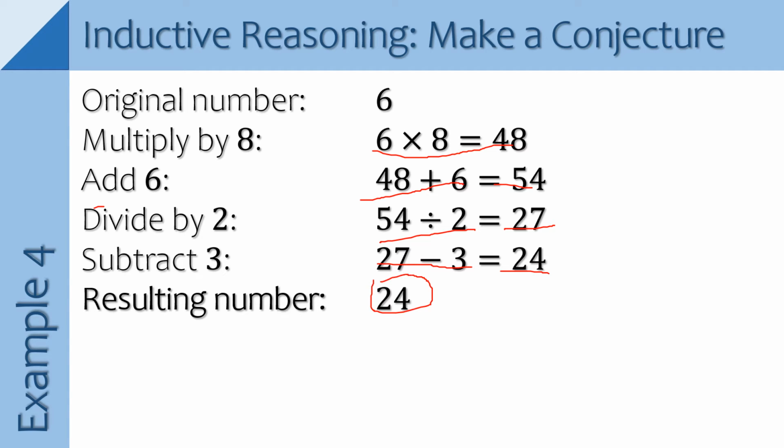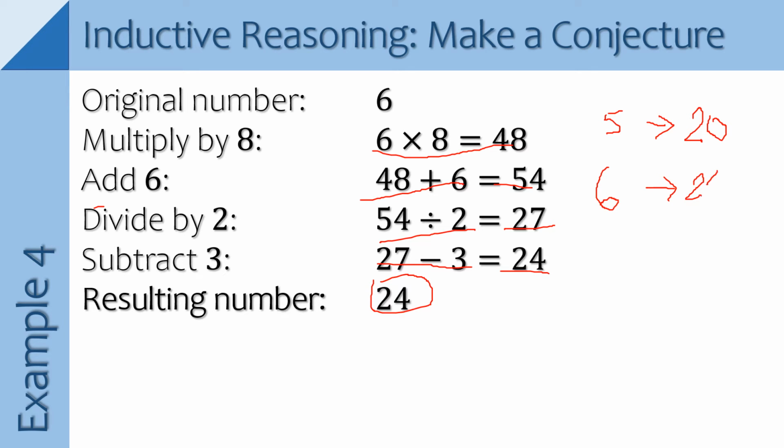Okay, so now, let us make a conjecture by their result. So when we use the original number 5, its result is 20. When we use 6 as our original number, the resulting number is 24.